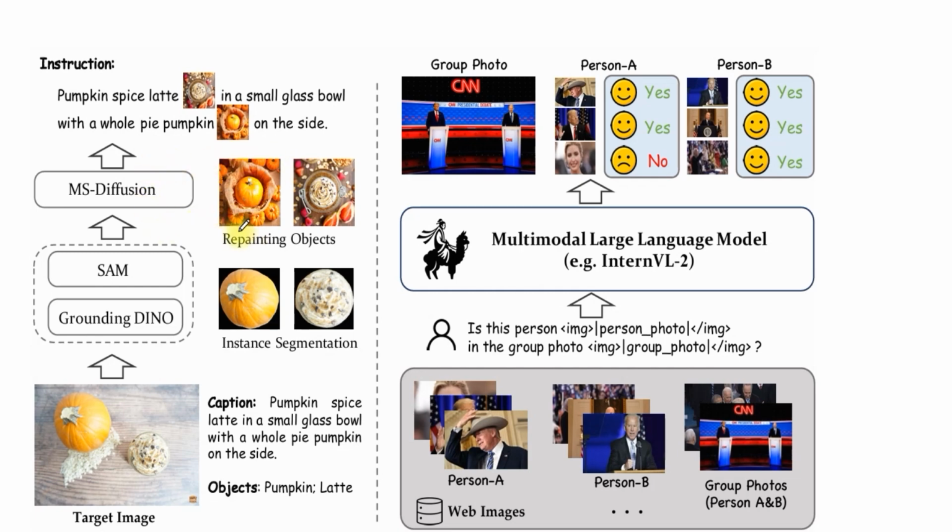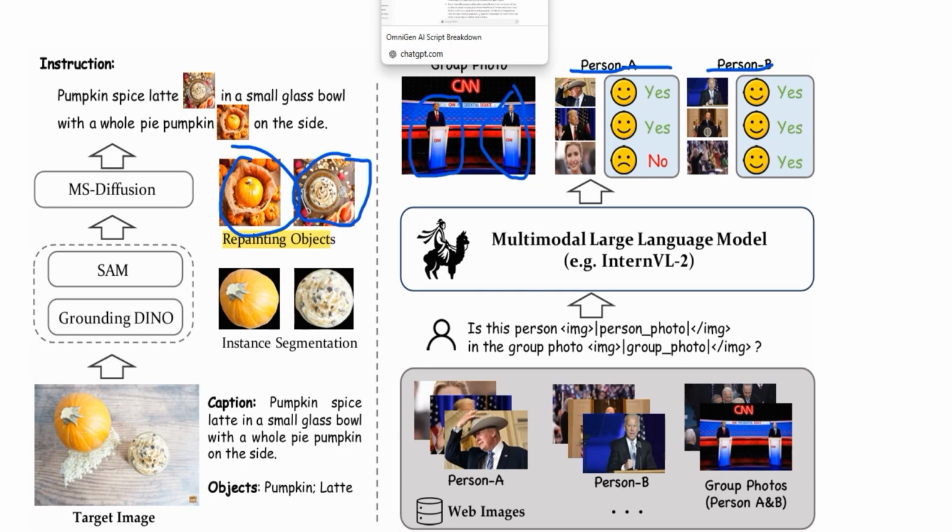Now, let's look at how OmniGen learned to work with specific objects. This shows the creation of the GRIT entity dataset, which is all about identifying and working with objects within images. The team used instance segmentation and repainting. This is like isolating an object in an image, tracing its edges, and then repainting it to create new variations. This way, OmniGen gets lots of practice recognizing and working with specific objects.